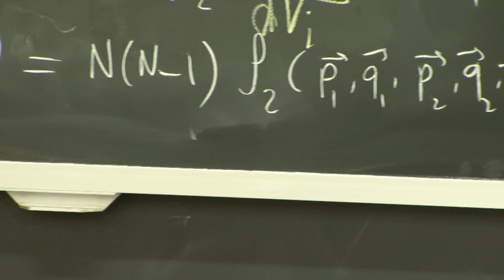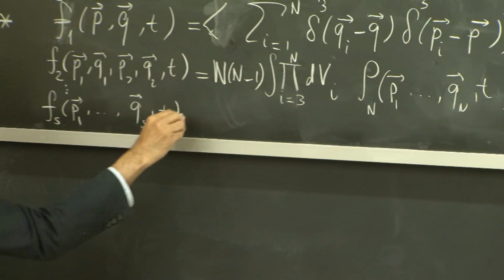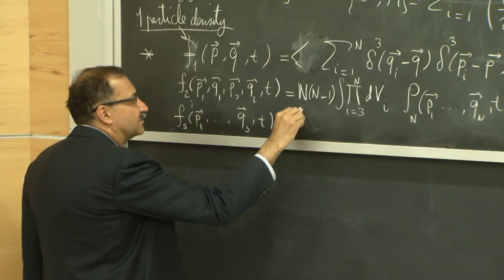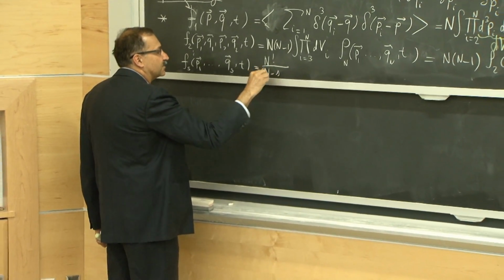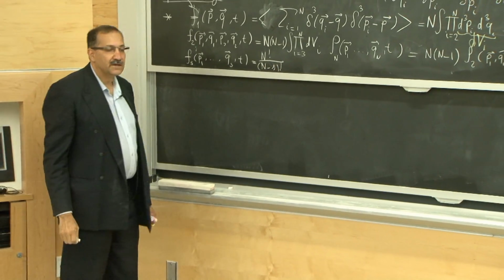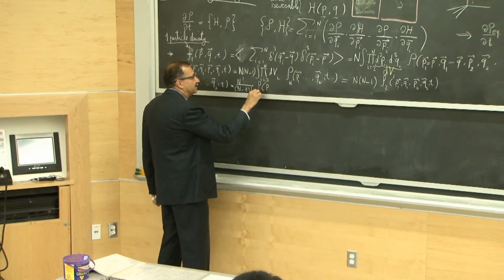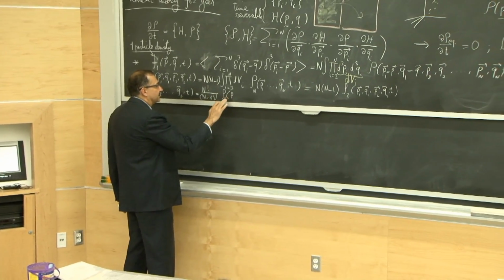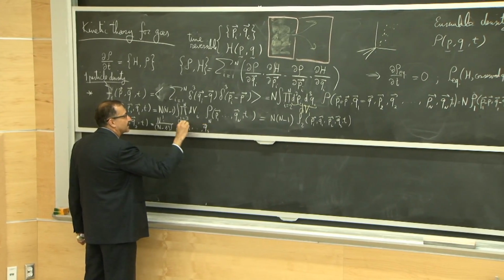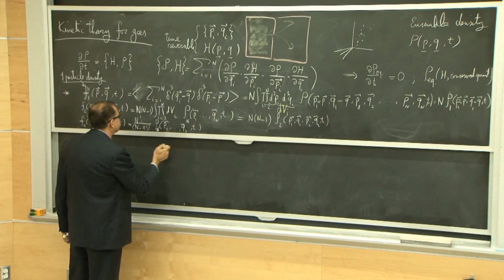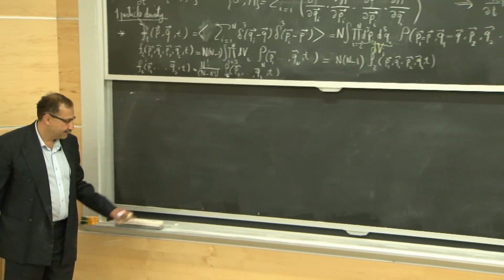So this depends on P1 through Qs at time t. And this is going to be n factorial divided by n minus s factorial in general, times the unconditional probability that depends on s coordinates, P1 through Qs at time t. Okay?